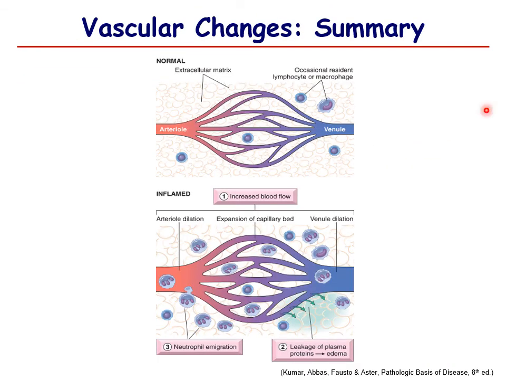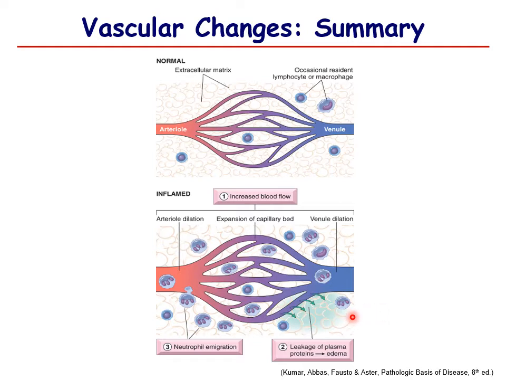So here is the summary of vascular changes in acute inflammation and the immediate outcome of the changes. In comparison to the normal scenario, which in this diagram shows arteriole, venule, and the capillary beds, in the inflamed situation or in acute inflammation, there is vasodilation, both in arteriole and venule, and expansion of capillary beds, increase in vascular permeability leading to leakage of plasma proteins as well as fluid.